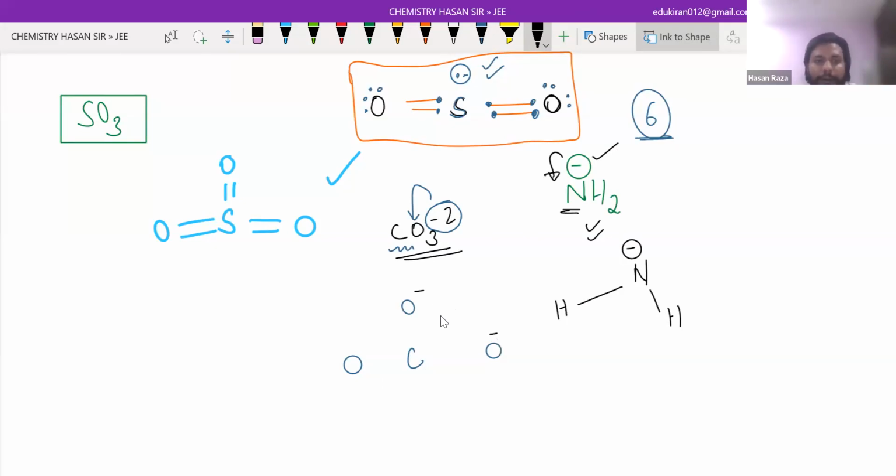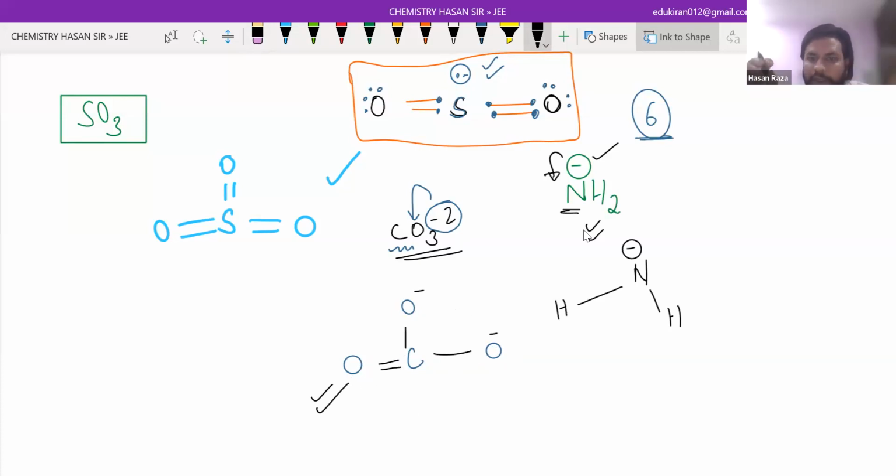Now negative is completed. You can see negative on this oxygen, negative on this oxygen. And whenever oxygen has a negative charge, it will form a single bond, and this is your surrounding oxygen, which is neutral. This will be the structure of CO3 minus 2. Are you getting my point?